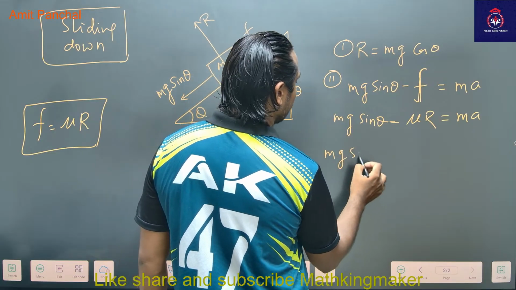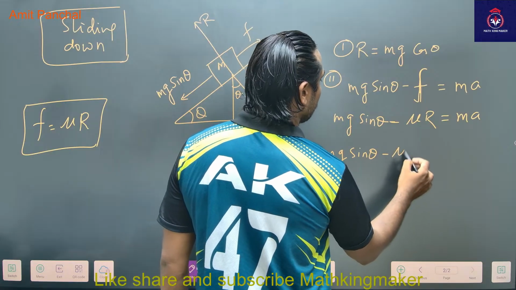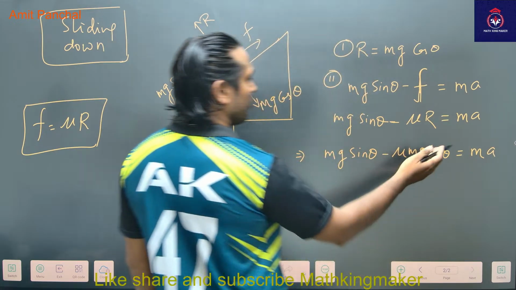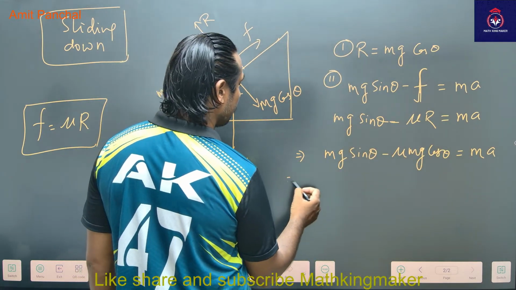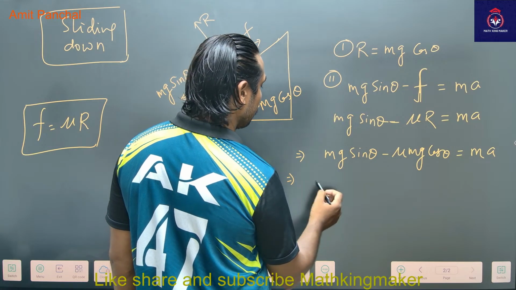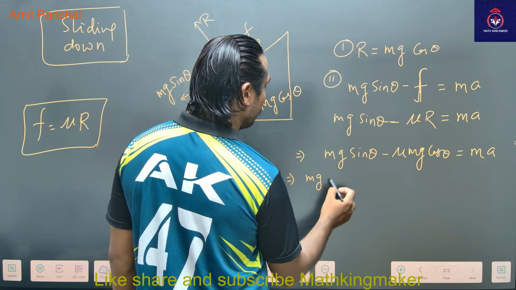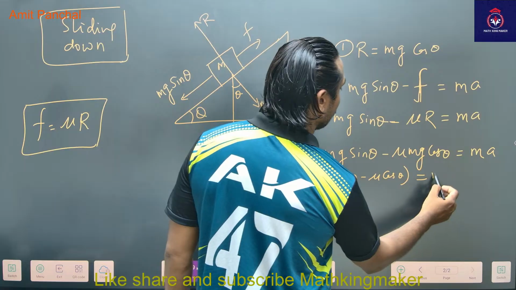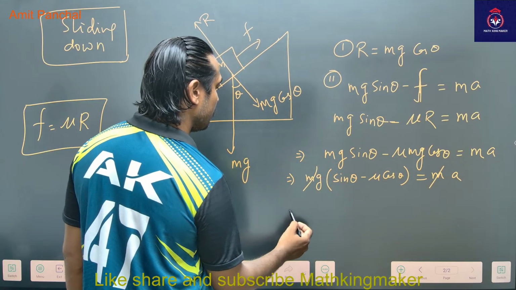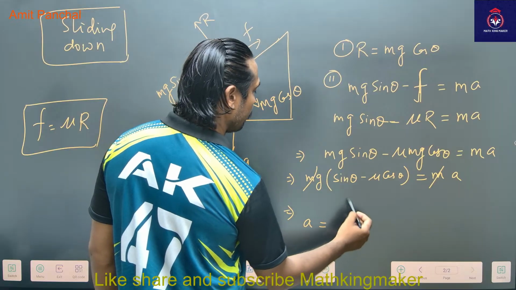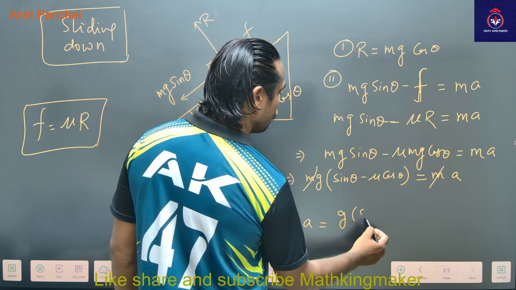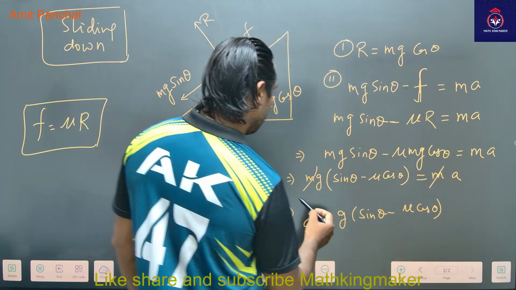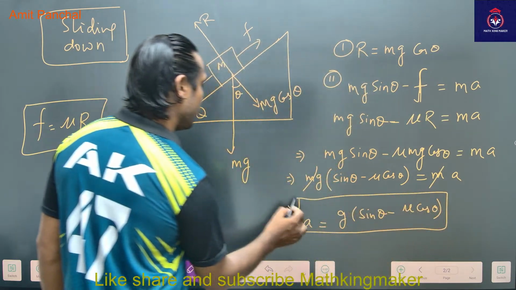So mg sine theta minus mu mg cos theta equal to ma. m will be cancelled from both the ends. So you can take g as common, so it will be sine theta minus mu cos theta equal to a. So your acceleration will become g times sine theta minus mu cos theta. So that will be your formula.